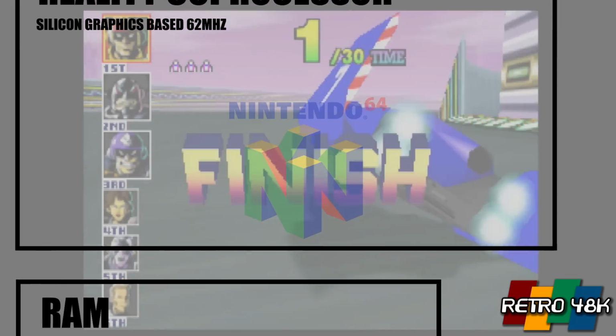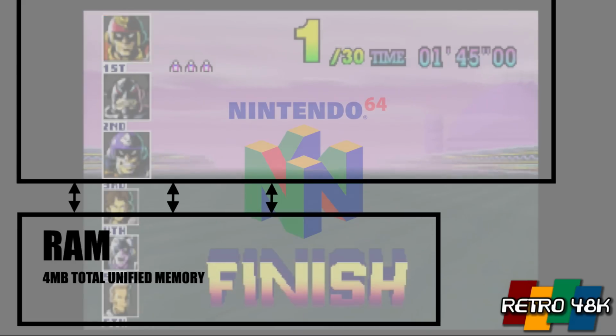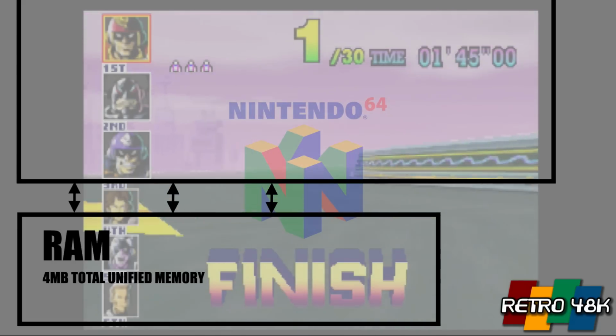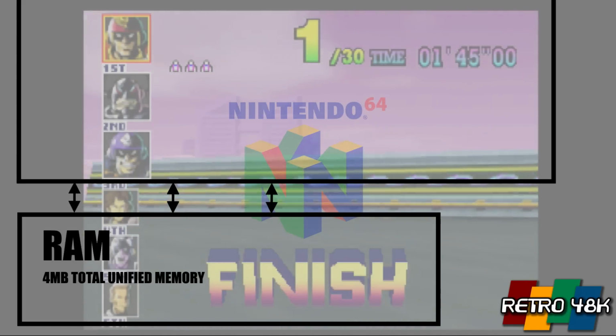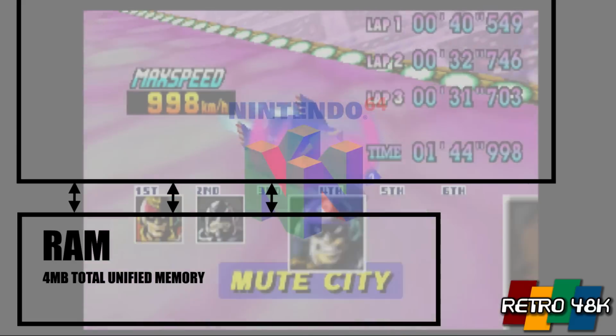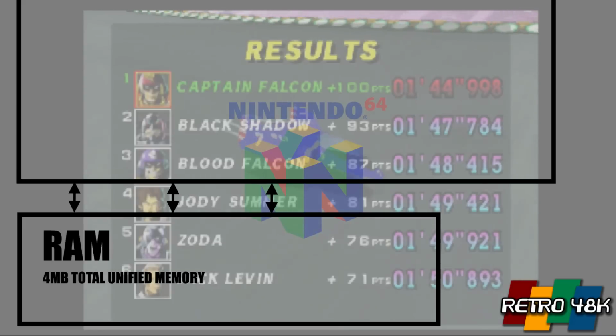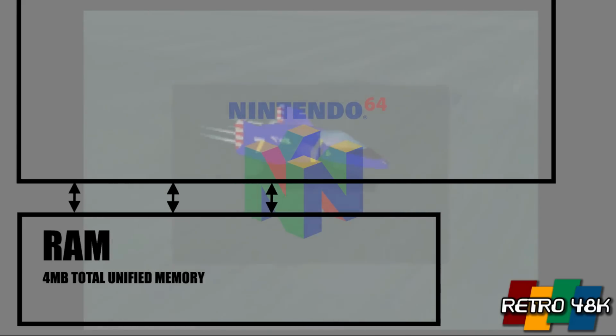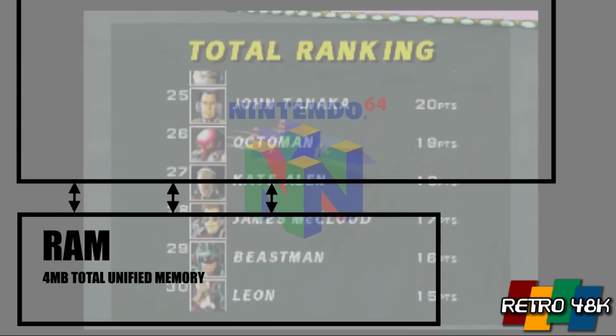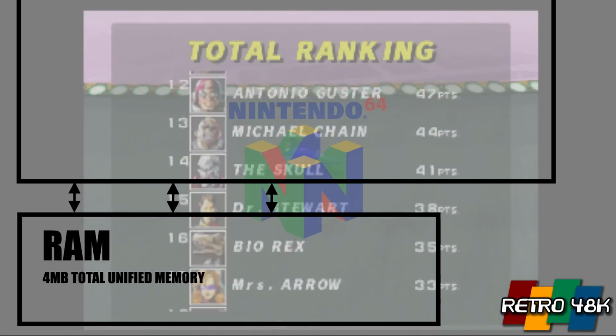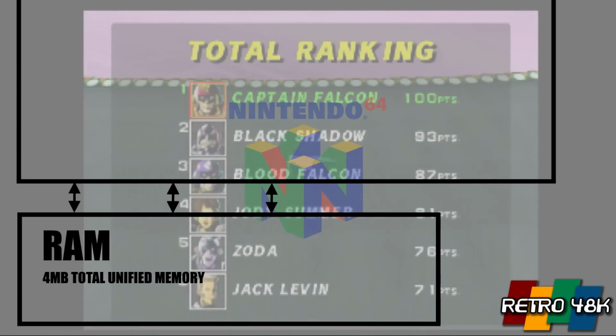And then below that you had 4 megabytes of memory. Now, at first that might seem massive when you compare it to the Saturn and PlayStation, but you've got to remember this was unified memory in the N64, so it didn't have VRAM or anything like that. It had the odd bit of cache here and there for texture memory and things, but on the whole, it just had 4 megabytes of memory.